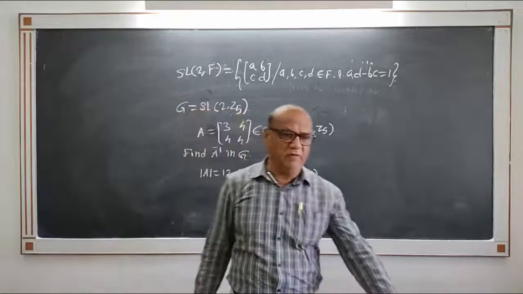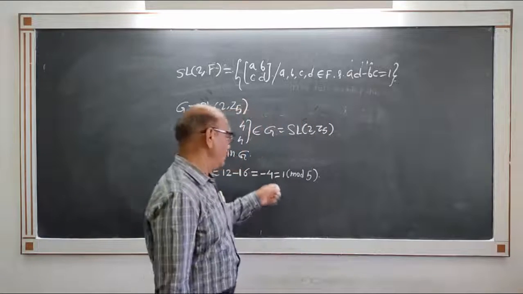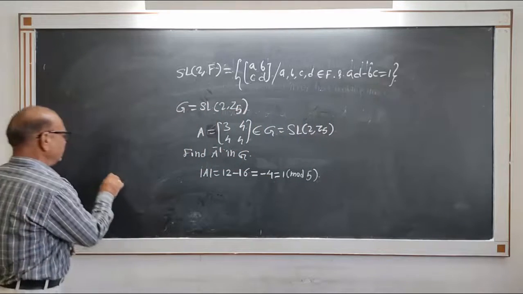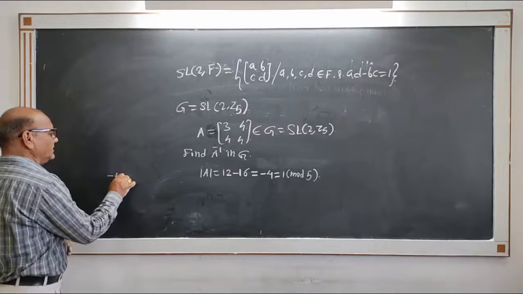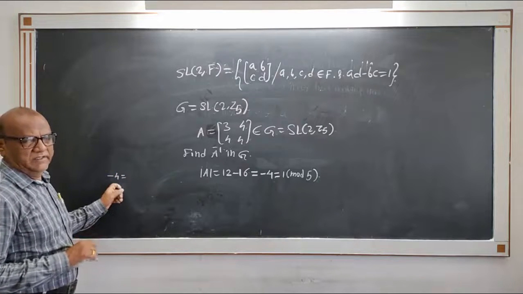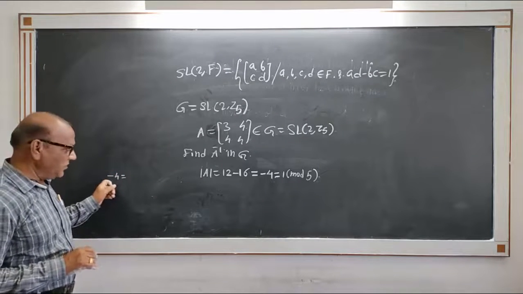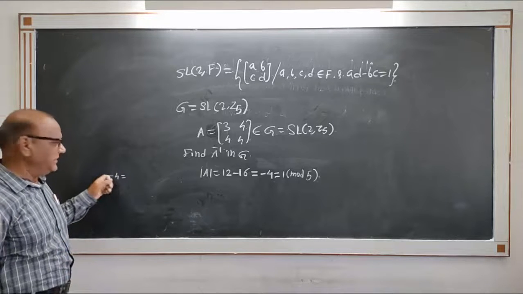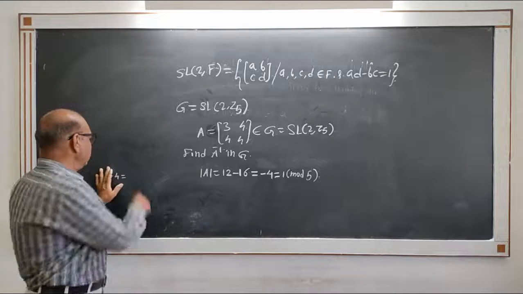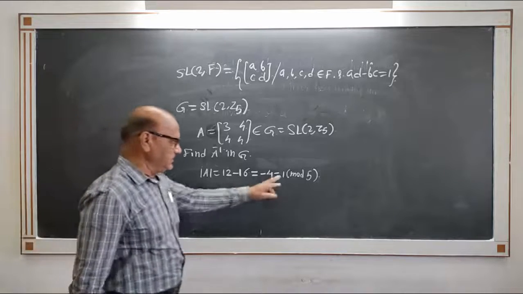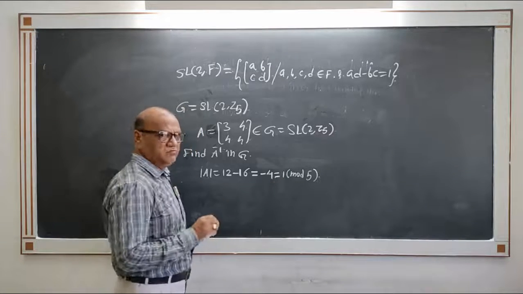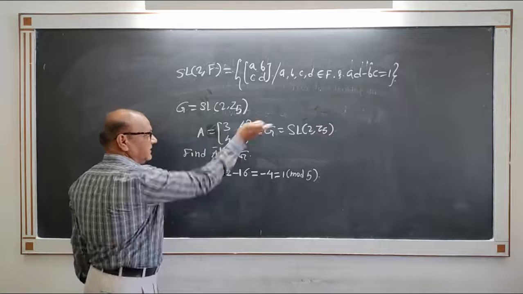Minus 4 means the additive inverse of 4 in Z5, and this is 1. That means the determinant is 1 here.